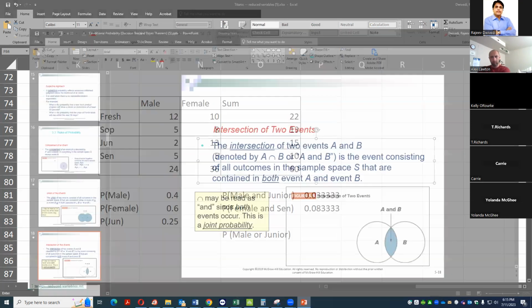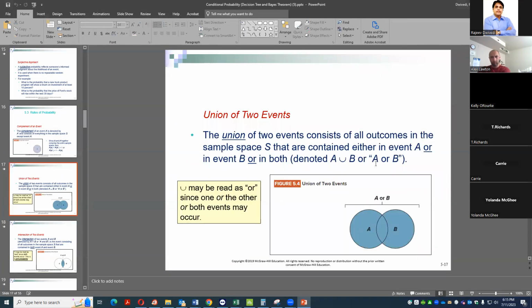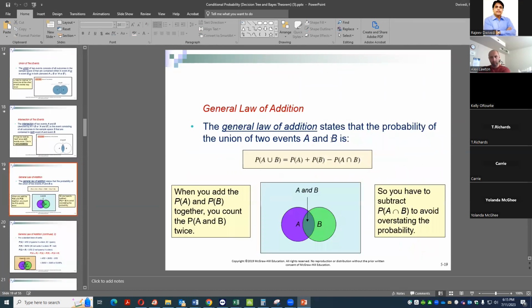Let's look into this. This is the union of 2. Basically, probability of A or B, here male or junior, is equal to probability of A plus probability of B minus probability of A and B. So look into this.